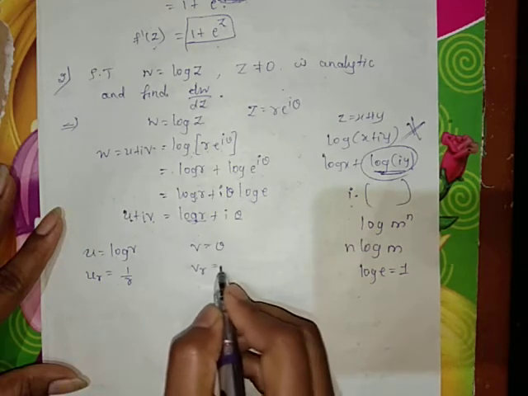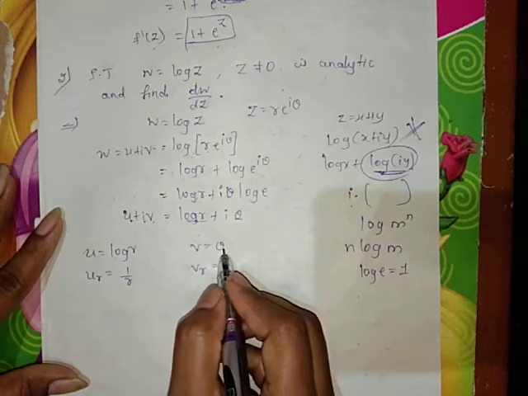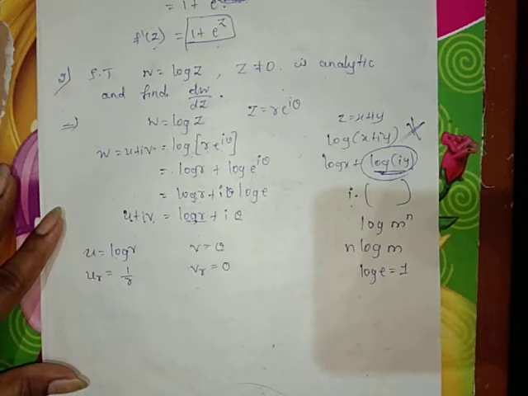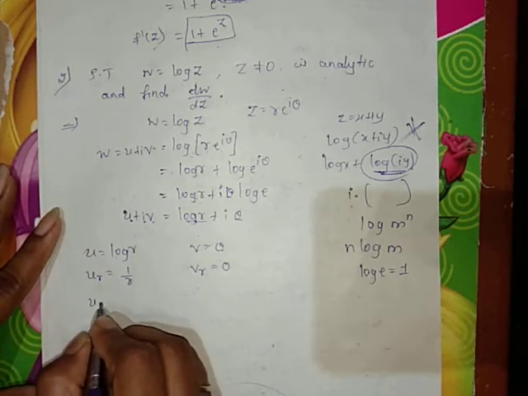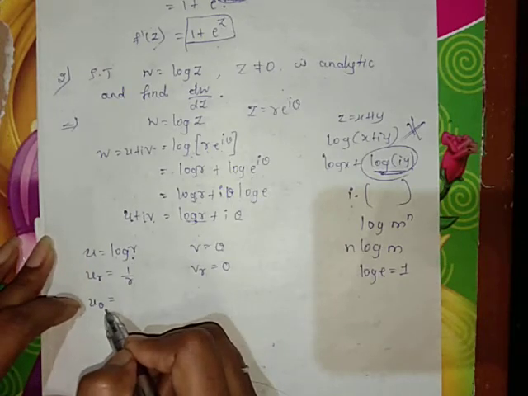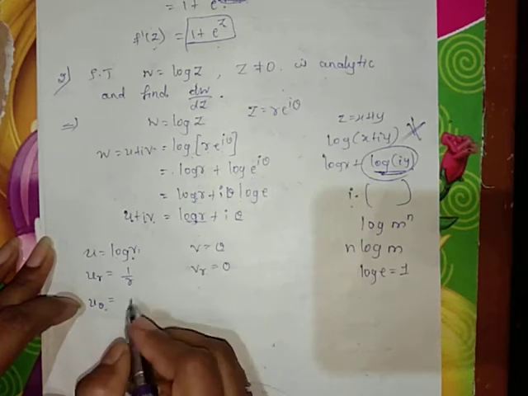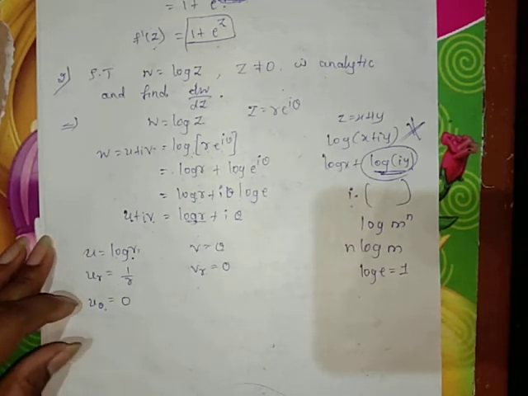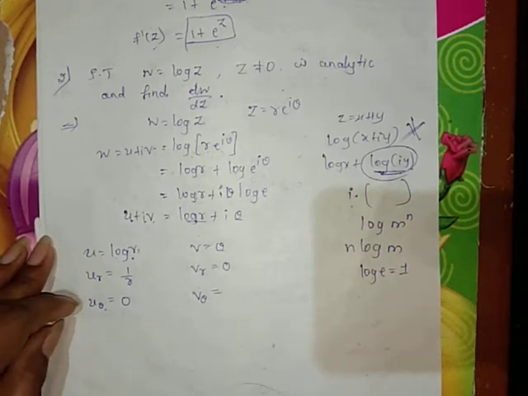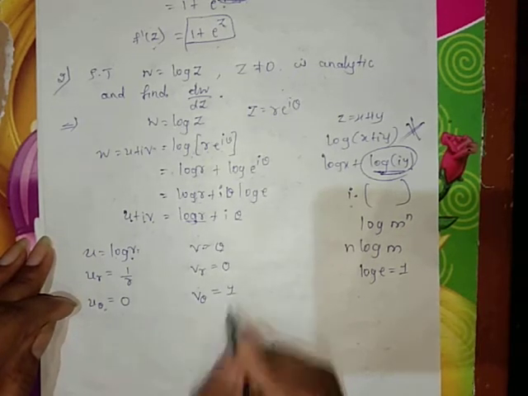Now v r, derivative of v with respect to r partially: theta is a constant, and the derivative of a constant is 0. Now u theta is the derivative of u partially with respect to theta. So r is a constant, and the derivative of a constant is 0. Now v theta, the derivative of v partially with respect to theta, is 1.